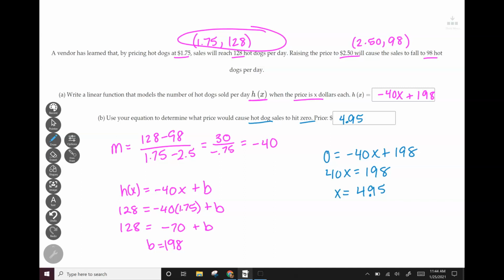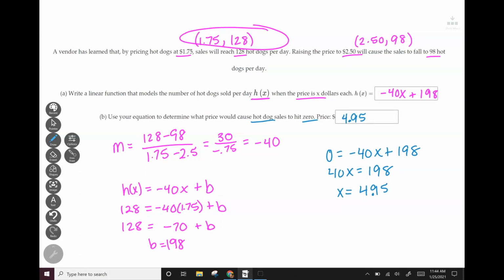All right, so in order for hot dog sales to hit 0, they would have to raise the price up to $4.95. So the higher the price, the fewer the hot dogs sold, right? Nobody's buying a $5 hot dog unless, man, inflation really got you.